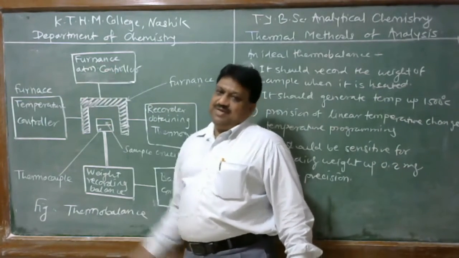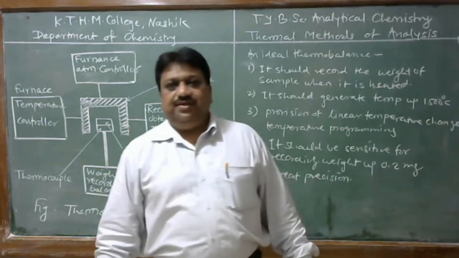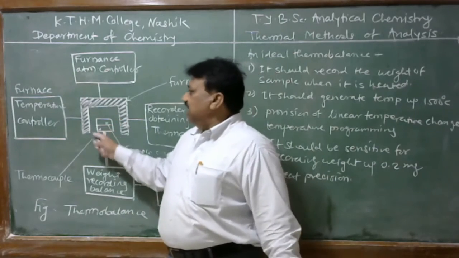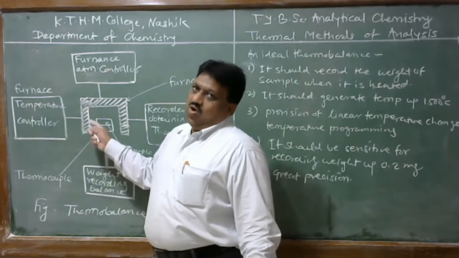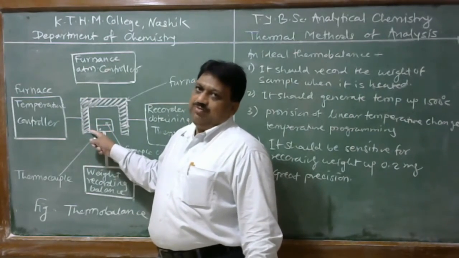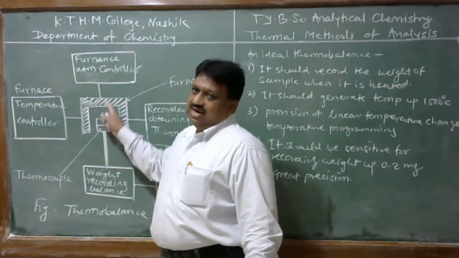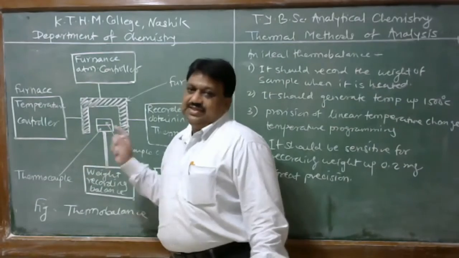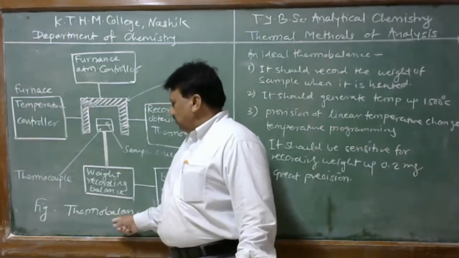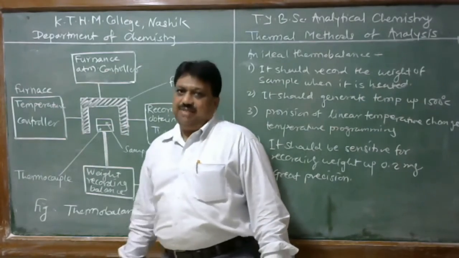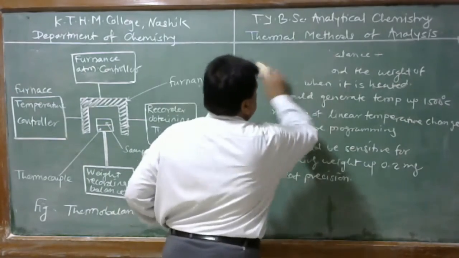The furnace atmosphere device controls the atmosphere of the furnace, that is, whether an oxygen atmosphere, carbon dioxide atmosphere or nitrogen gas atmosphere is created. That atmosphere is controlled by this device. This is a schematic representation of the thermobalance, and we discuss each component in detail.